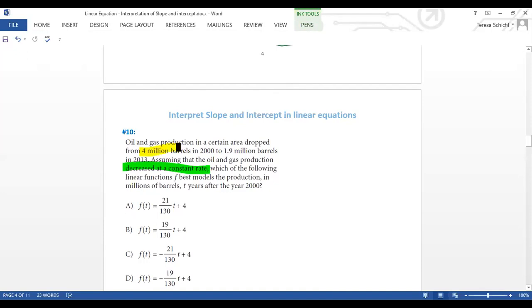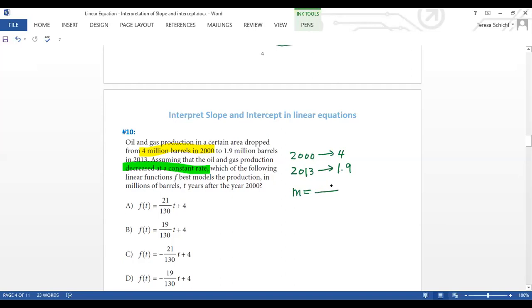So the 4 million, this is my starting value, right? So it's 2000 here. So what is my slope here? I say, okay, it's 2000. I start with 4 million barrels. So now I have 2013. So I dropped to 1.9, right? So that means my slope here is what?